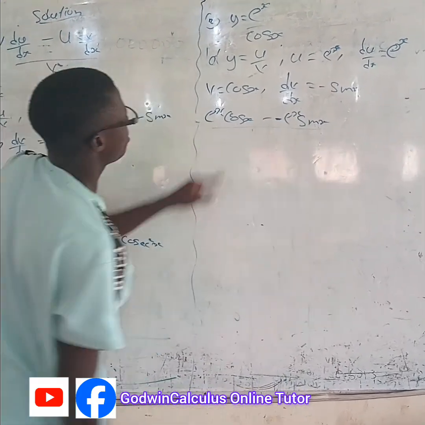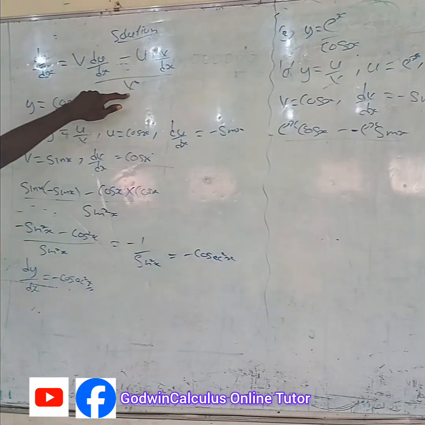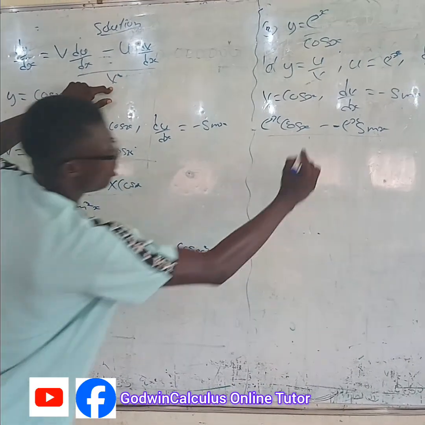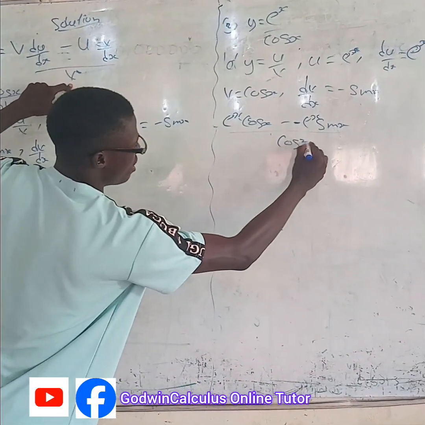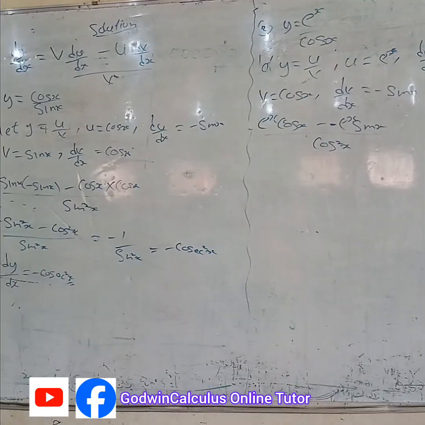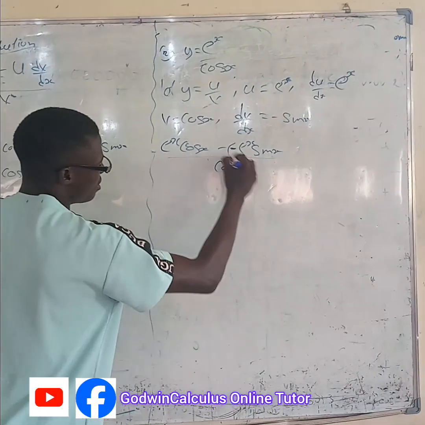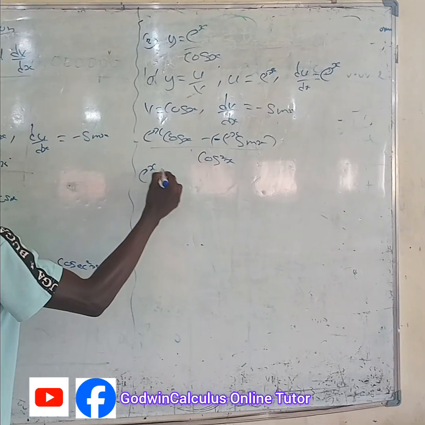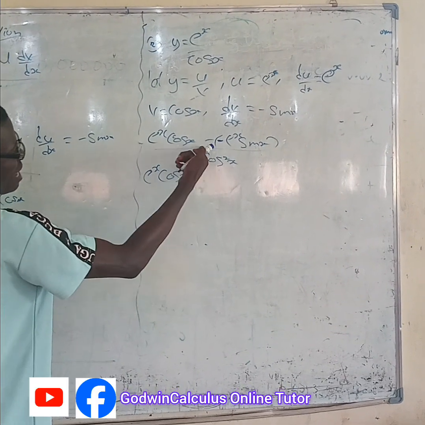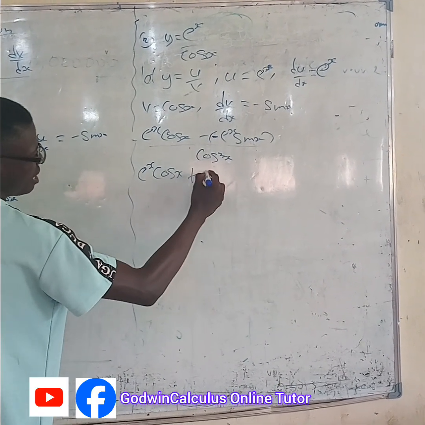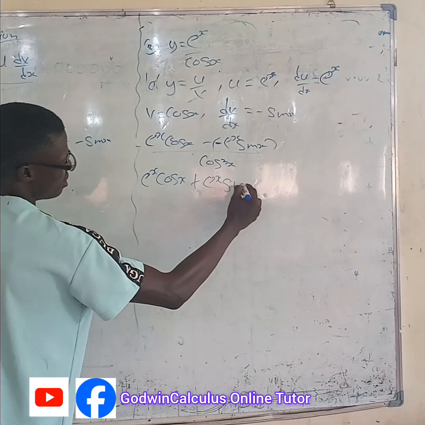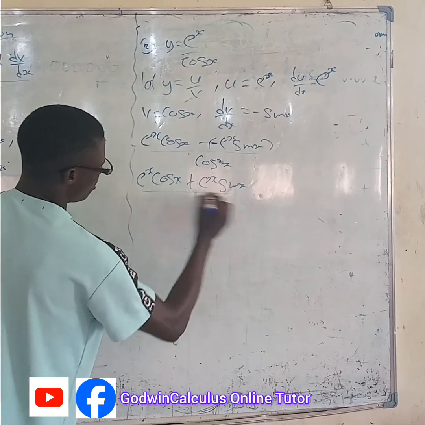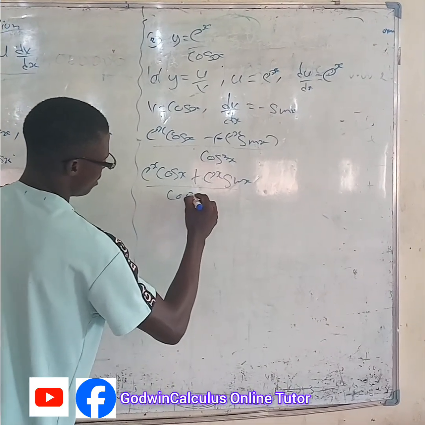Everything divided by v squared, and our v squared is cos squared x. Let's put this in brackets because of this minus. Now we have e^x cos x, and minus and minus will give us plus e^x sin x, everything divided by cos squared x.